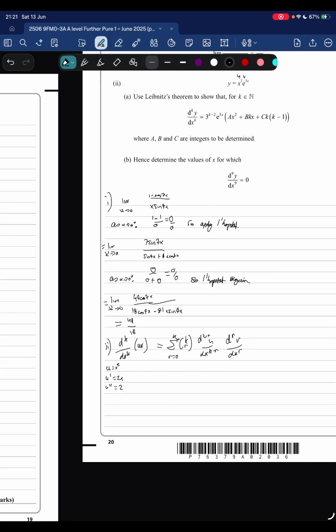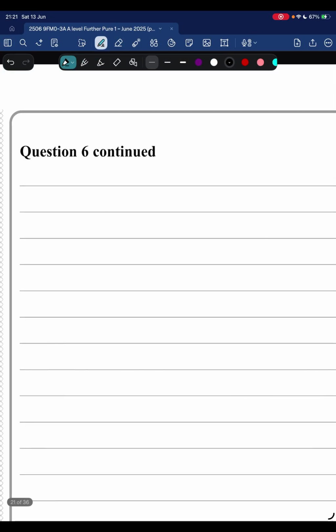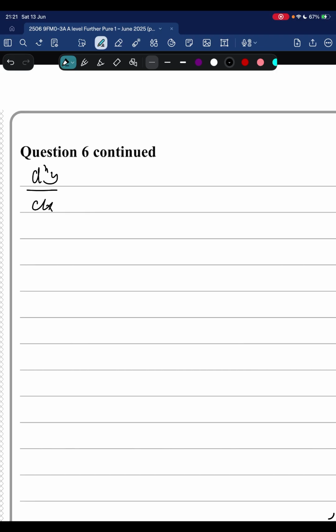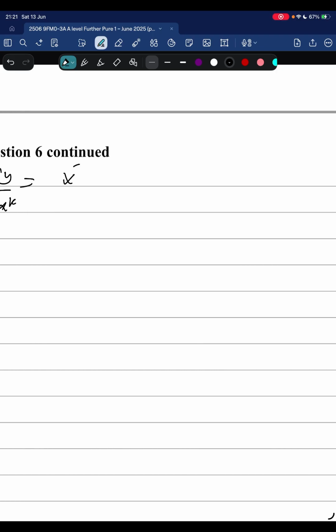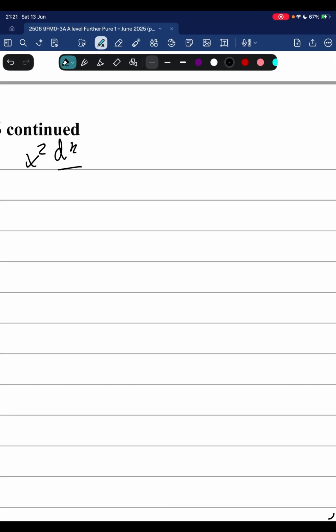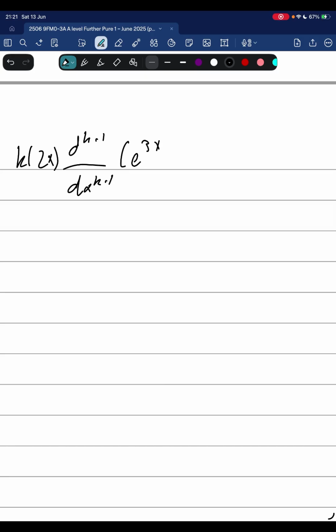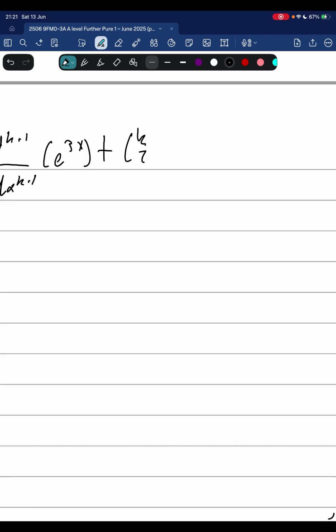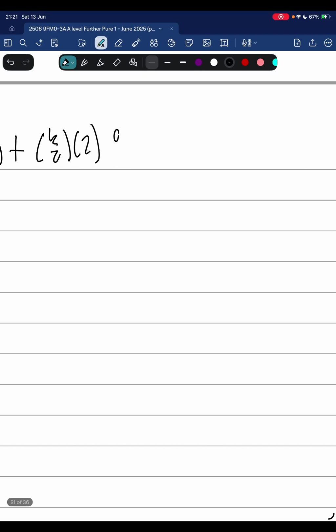So what we can say is d^k y by dx^k equals x squared d^k by dx^k of e to the 3x, plus k times 2x d^(k minus 1) over dx^(k minus 1) of e to the 3x, plus k choose 2 times 2 d^(k minus 2) over dx^(k minus 2) of e to the 3x.